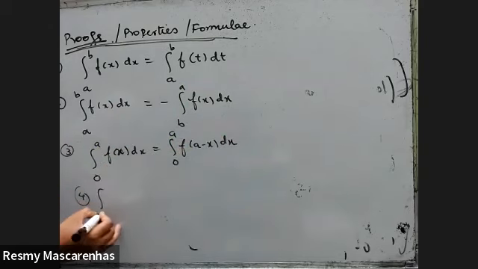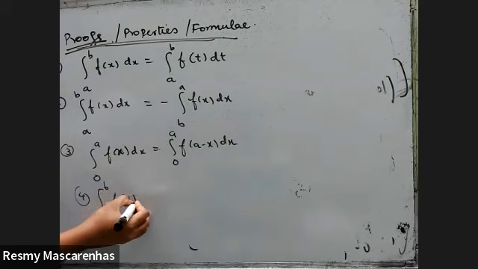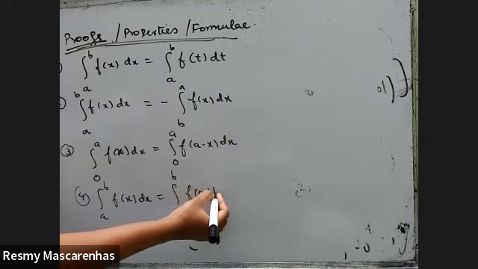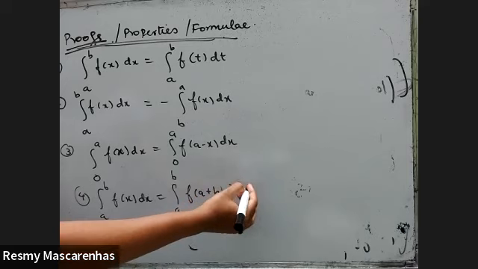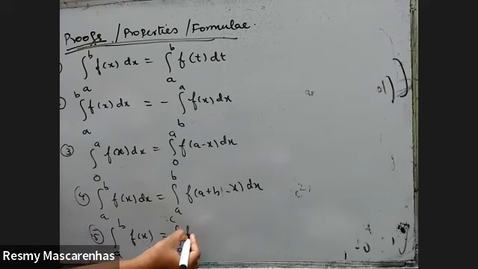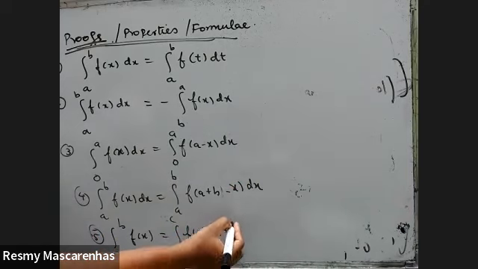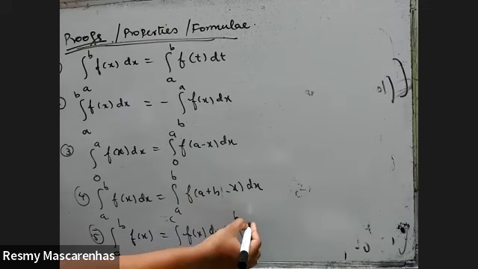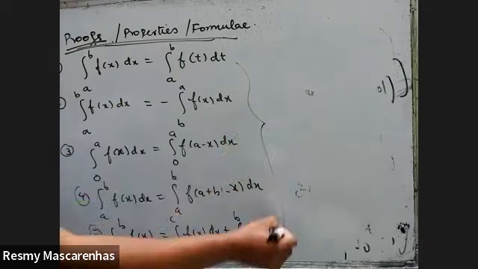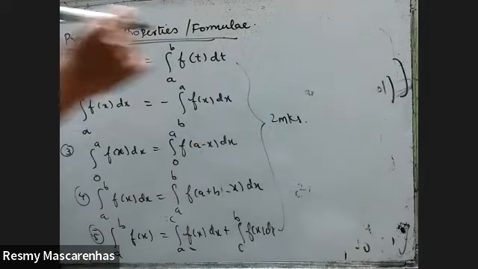Fourth one, a to b f of a plus b minus x dx. The fifth one, a to b f of x is a to c f of x plus c to b f of x dx.